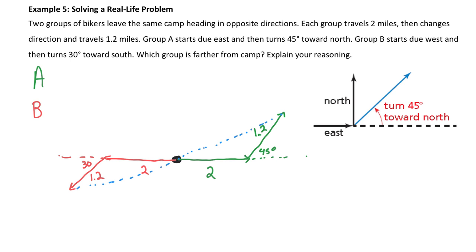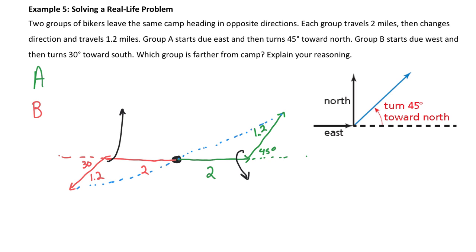The important part is to find these angles on the inside, because that's the angle that forms the blue segment. Everything else in these triangles is the same. So whichever angle is bigger that we find means that group traveled further away from camp, even though they drove the same amount of miles.